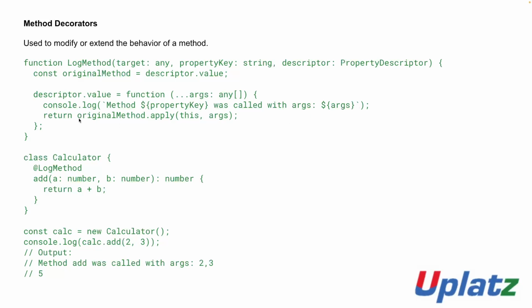Backtick is closed. Return originalMethod.apply within brackets this comma args.